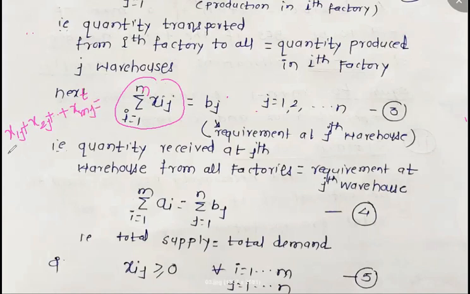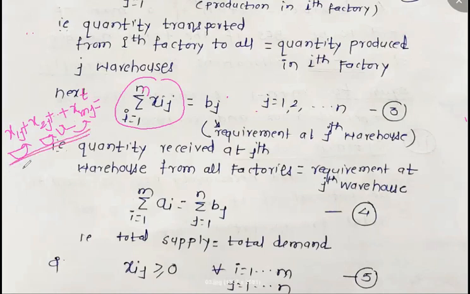So what is x1j, x2j, x3j? That is the quantity transported from the first factory to the jth warehouse, second factory to the jth warehouse, third factory to the jth warehouse, and the mth factory to the jth warehouse.